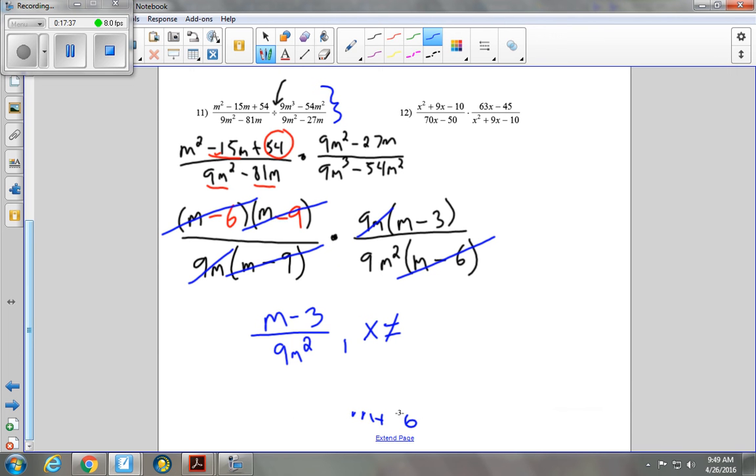So what can m not be equal to? M cannot be equal to 0, because we'd be dividing by 0 there. It can't be equal to 9, can't be equal to 6, because of here. And it can't be equal to 3.